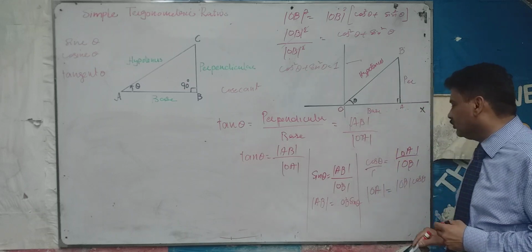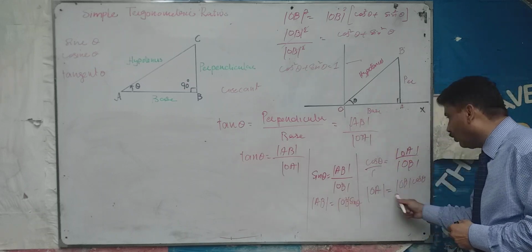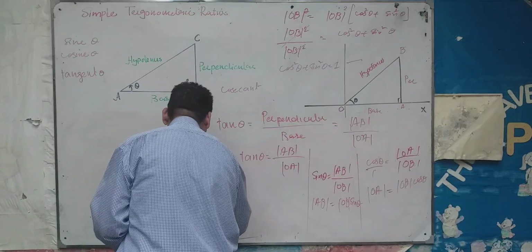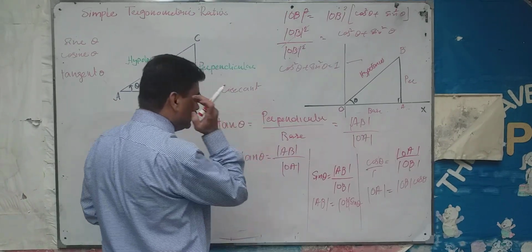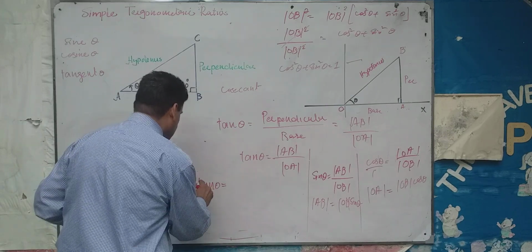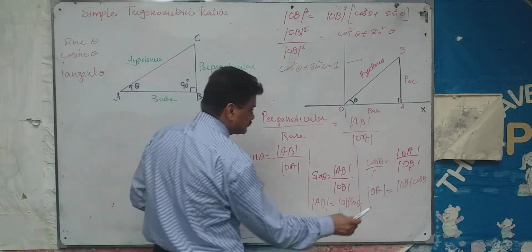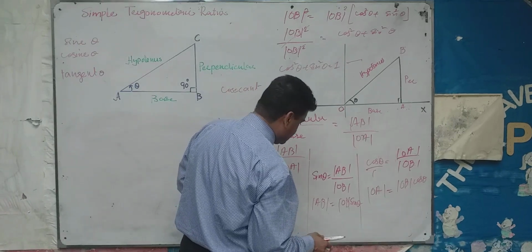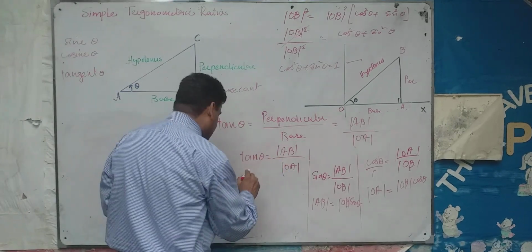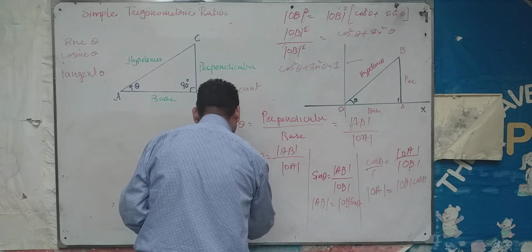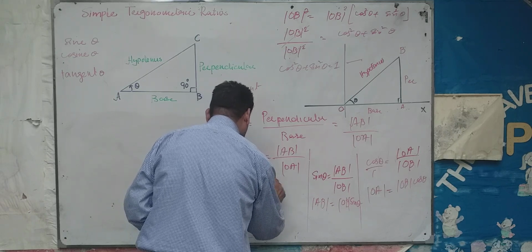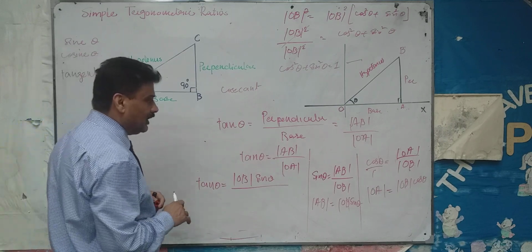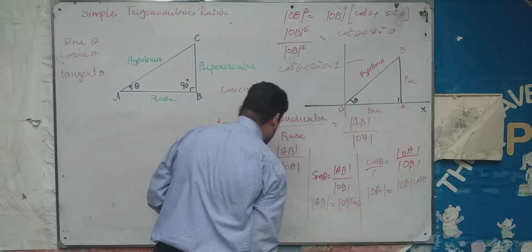We now put these values of AB and OA here. We will get tan theta equal to AB, which is OB sin theta, over the value of OA, which is OB cos theta.